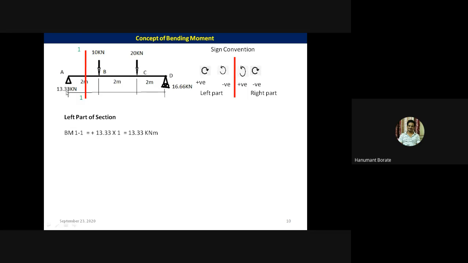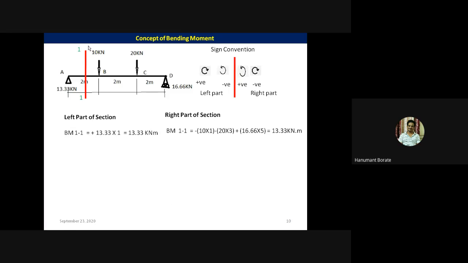So the moment of this 13.33 kilonewton about section 1 is 13.33 into 1 meter distance. And according to the sign convention, treat clockwise moment positive and anti-clockwise moment negative if we consider the left part of the section. Okay, now we'll see the right part also.